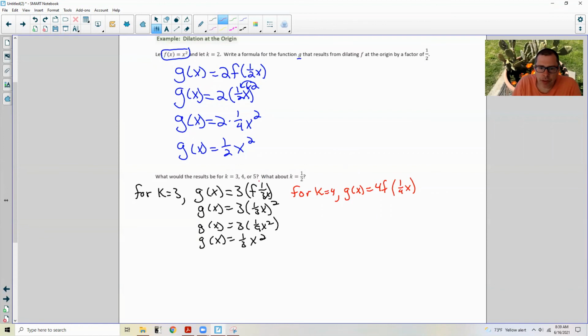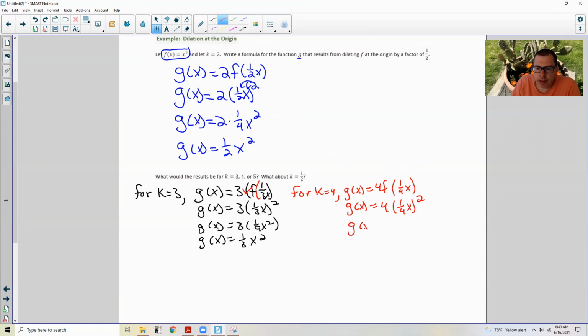Same with here. That should be here, not here. Anyhow, g of x equals 4, and f of x is x squared, and this is going to become 1/4 x quantity squared.